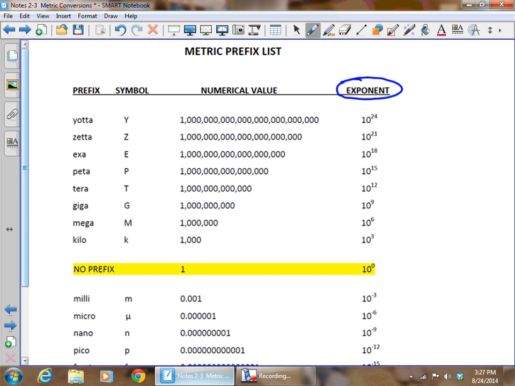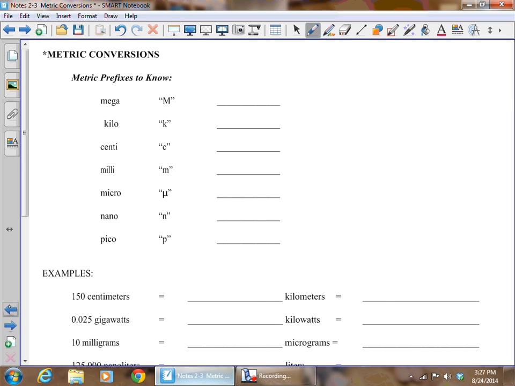Now, I'm not going to ask you to memorize all of these, but I am going to ask you to memorize some of them because they are used so frequently. For the ones in class that I'm going to ask you to memorize, mega is the first one, a capital M. It has an exponential value of 10 to the 6th. Kilo, small k, has an exponential value of 10 to the 3rd.